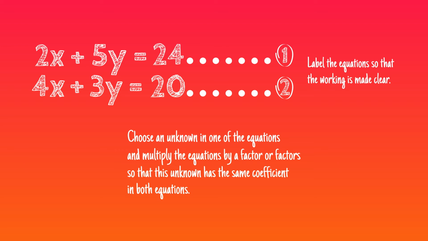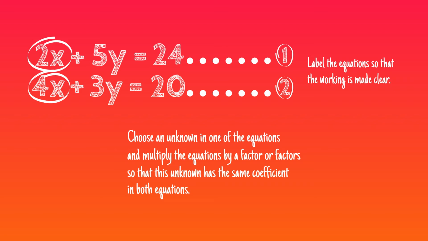Right, so if you look at both equations, equation 1 and equation 2, we've got the x terms. 2x in equation 1 and 4x in equation 2. Now if you want to eliminate the x term in the solution when we subtract equation 2 from equation 1, we are going to have to double the 2x in equation 1 so it becomes 4x.